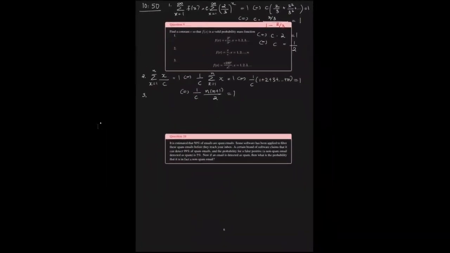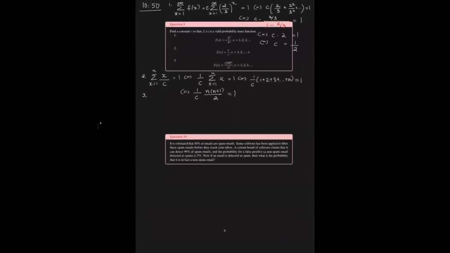Another way to calculate it, I will write it down here. Let's say we want to calculate the sum S of 1, 2 up to n. And we realize that if we take it twice, it would be 1 plus 2 plus up to n, and then plus itself one more time.